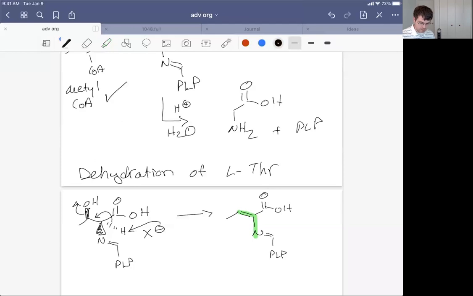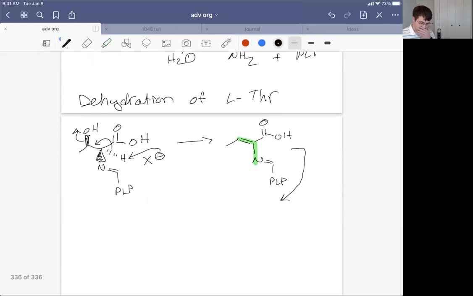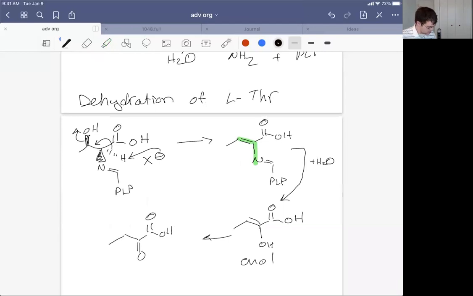The enamine can react with water where we swap the nitrogen for an oxygen. Let's not worry about what's happening with the PLP. The answer is nothing important that can't be easily dealt with using stuff we've already seen. But the outcome is here we get an enol. And so we get an enol that tautomerizes to alpha-ketobutyrate.